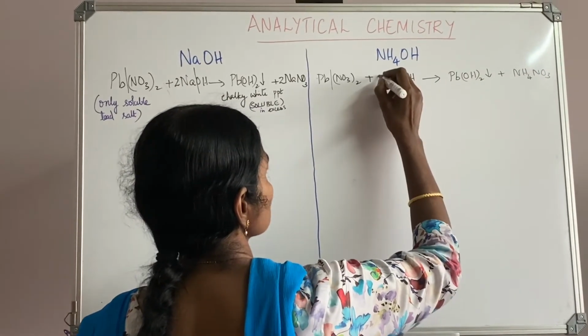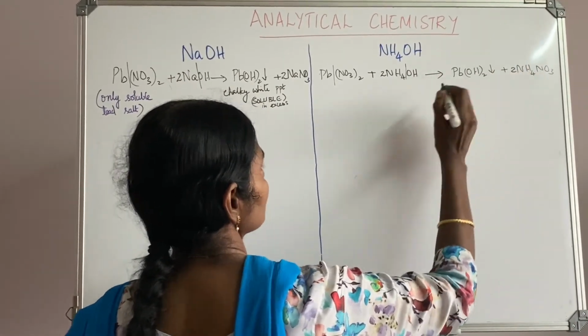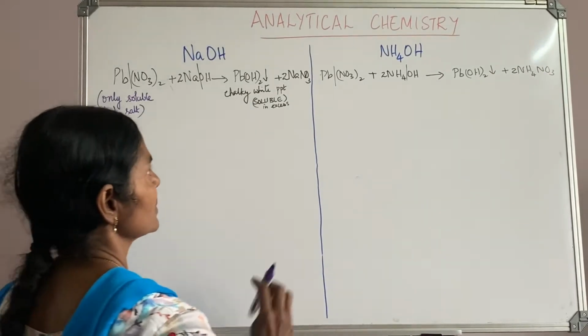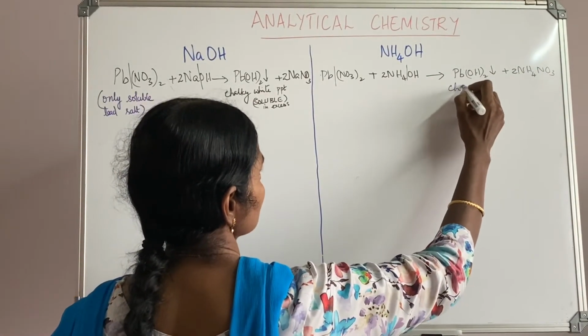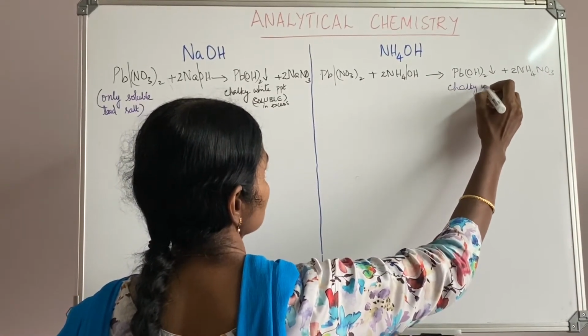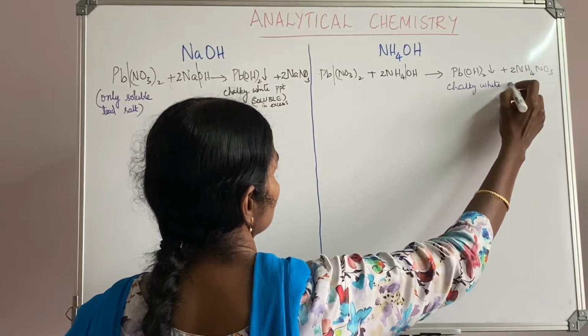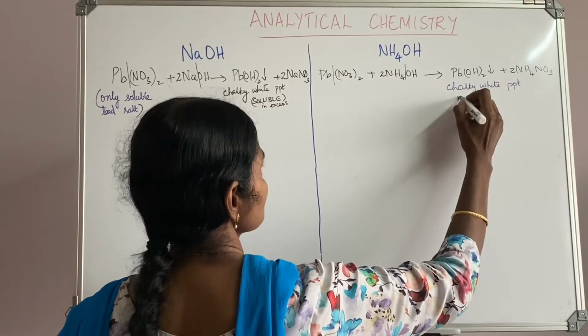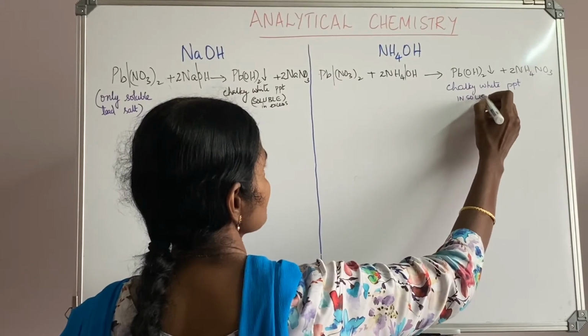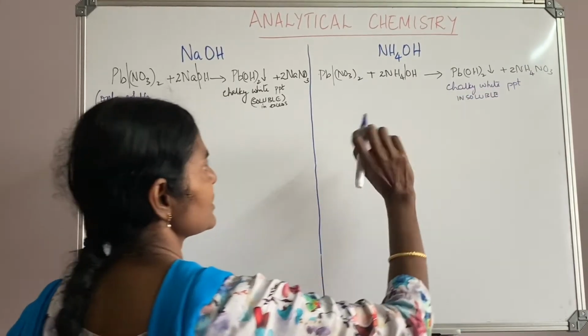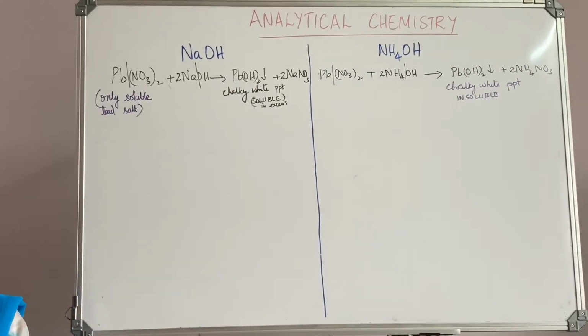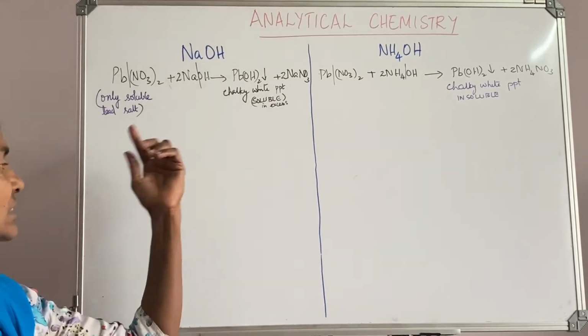Okay, 2 here and 2 here. This also is chalky white precipitate, and in excess also it is insoluble. So there is a difference between NaOH and NH4OH with lead nitrate.